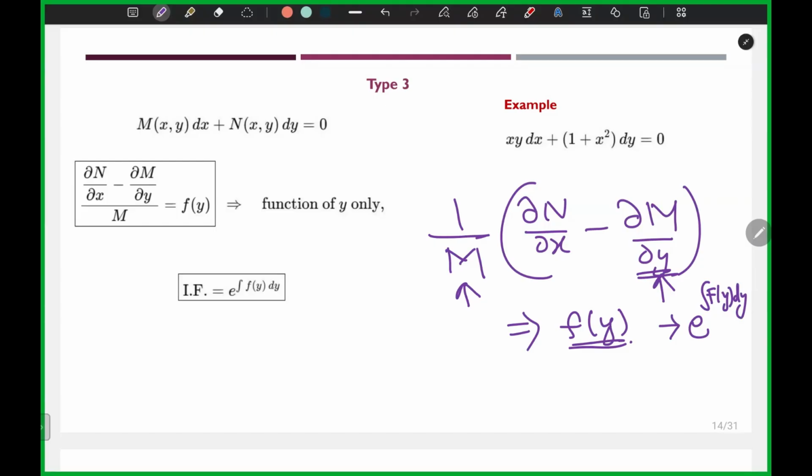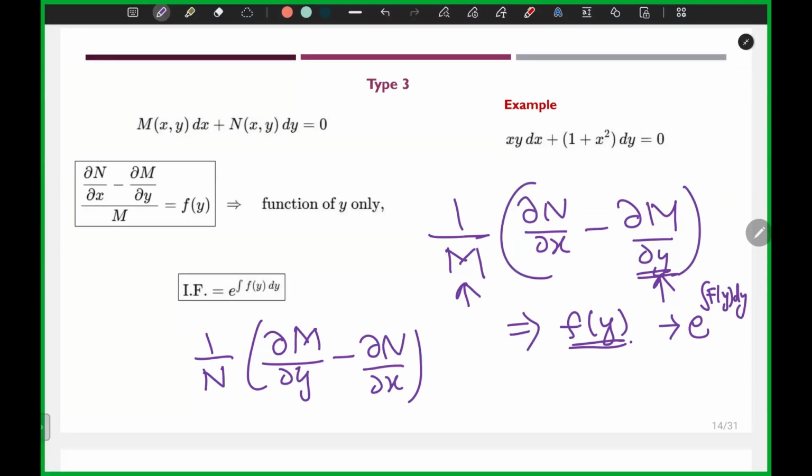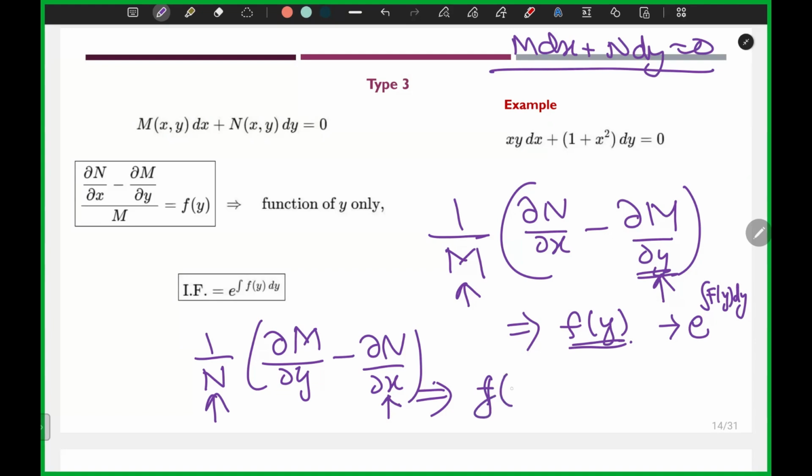And when you have a function of this type, (del M upon del y minus del N upon del x) times 1 upon N, here it should be N, the partial derivative with respect to x, and it should come as a function of x. Keep in mind that sometimes it can also be written as minus 1 upon N (del N upon del x minus del M upon del y).